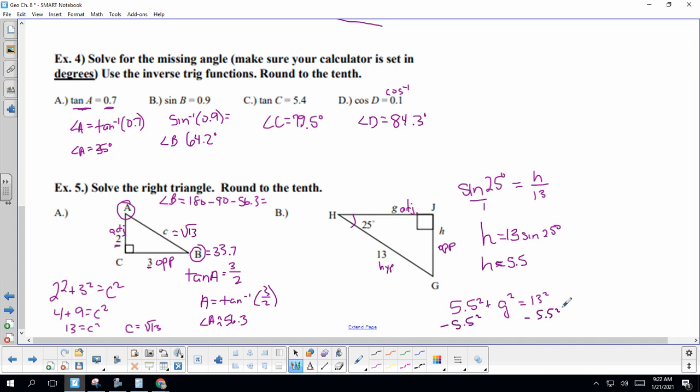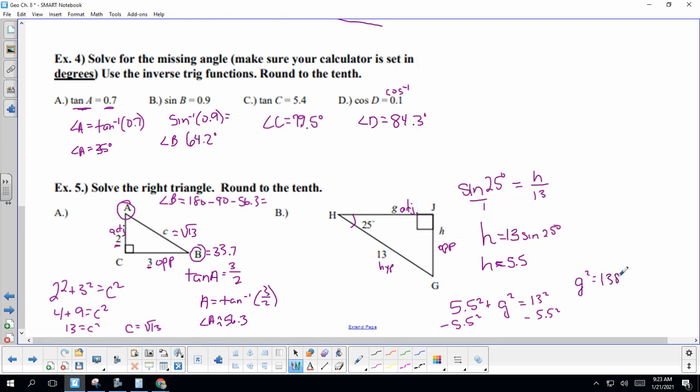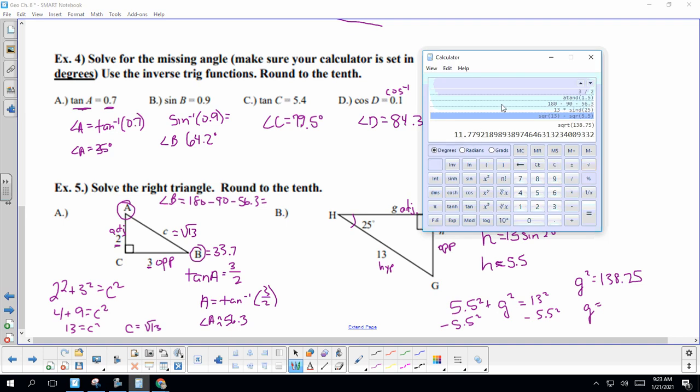G squared is equal to, let's pull up our calculator one more time, 13 squared minus 5.5 squared, 138.75. And then we got to take the square root of that, 11.8. So G is 11.8.